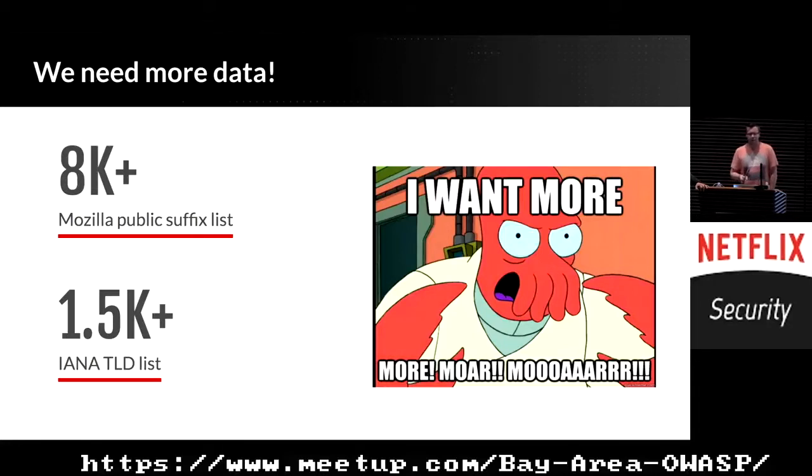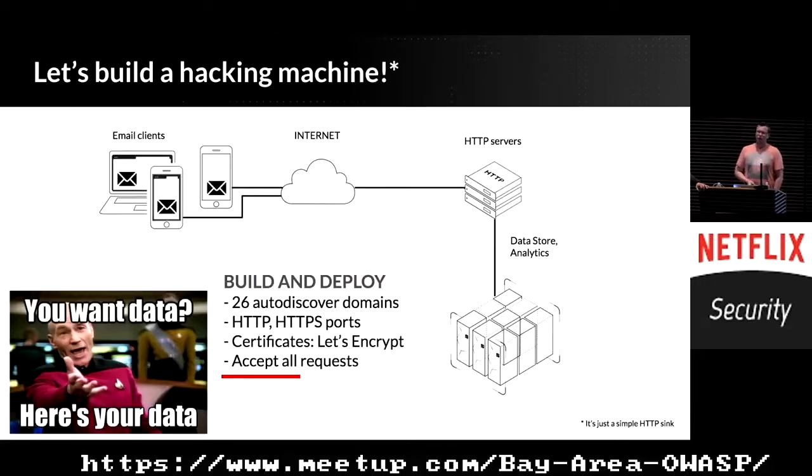And this is what we decided to do, actually. So we decided to register, I don't know, 26 domains and run a simple HTTP server and accept all requests wherever people send them to us. The domains we registered were not really random. We predicted that these domain names would have the most impact.